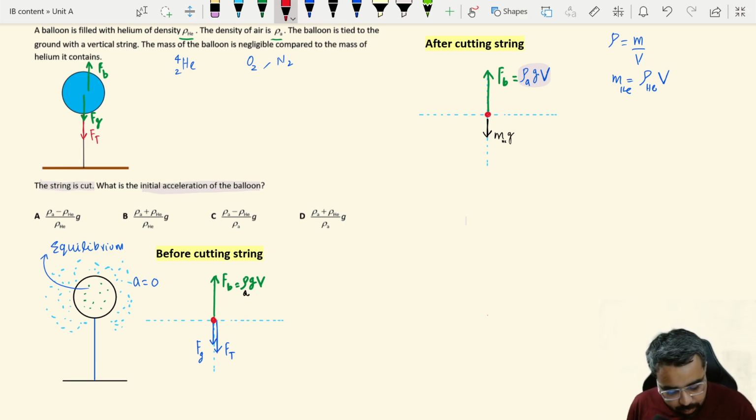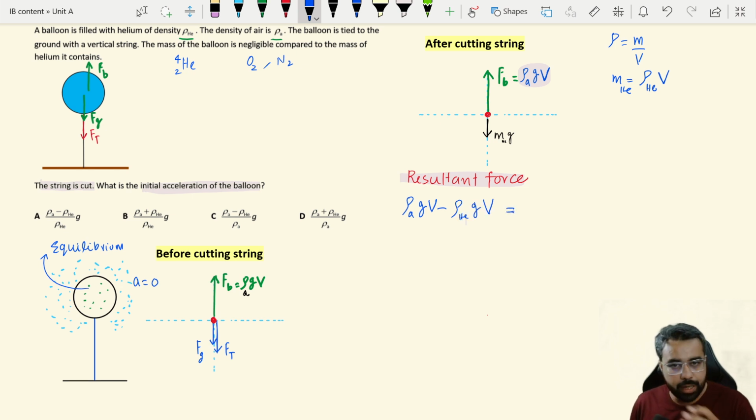So what is the resultant force? The resultant force must be the upward force minus the downward force, which I can write as rho a g V minus rho He g V, equal to F equals ma. So this m is the mass of helium, or the mass of the balloon, which is in fact the mass of helium, times acceleration.